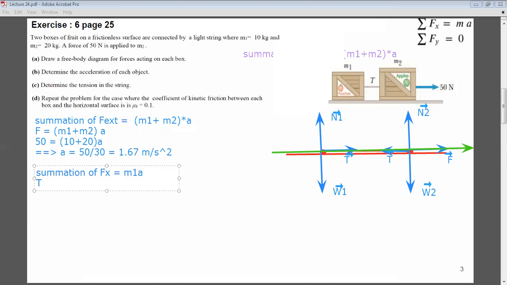W1, the x component is 0. So I only have the T. This is equal M1, which is 10, times A, so 10 times 1.67, and this is equal to 16.7 meter, sorry, newton.